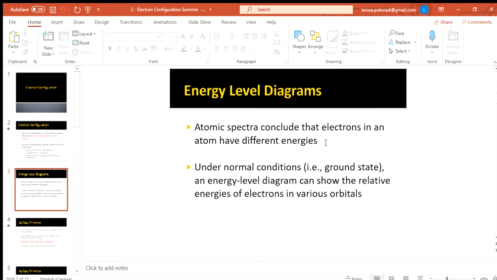Another thing to point out before we get into them is that all of these are in ground state. Yes, we know that we can energize electrons, and something in a 2s might jump to a 3s, but we're always going to do it in ground state.